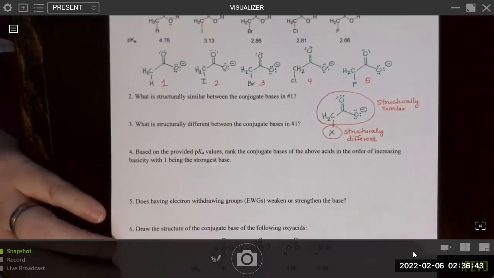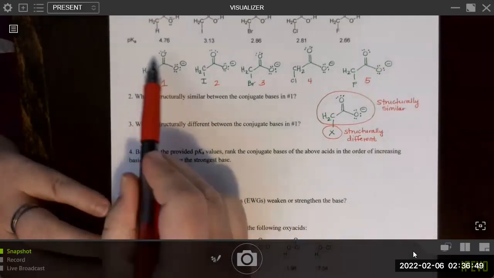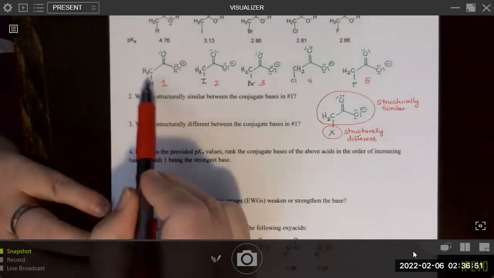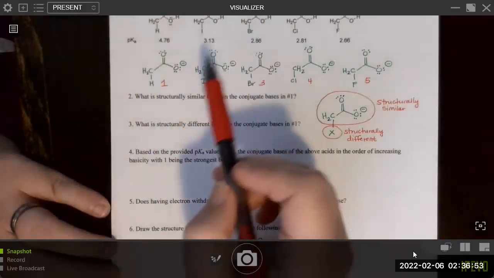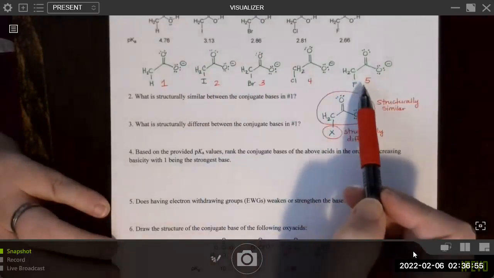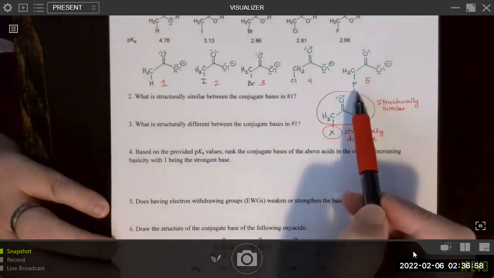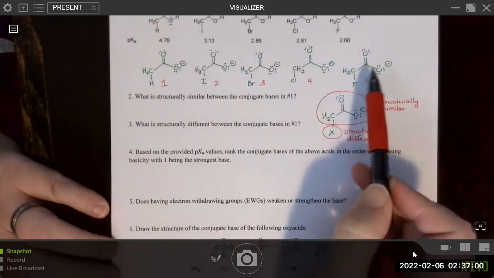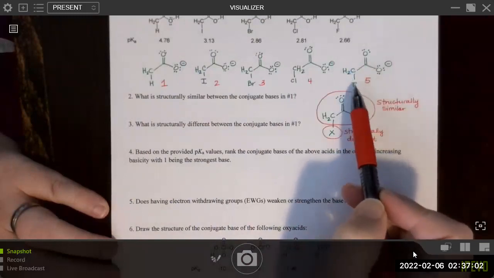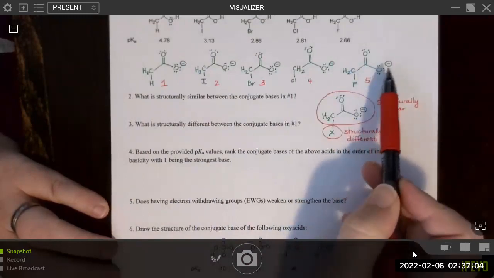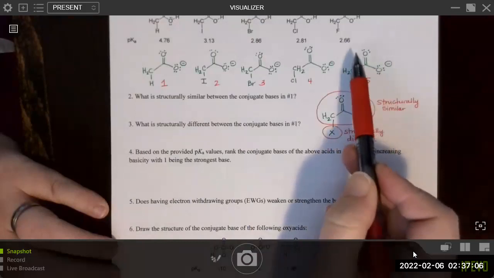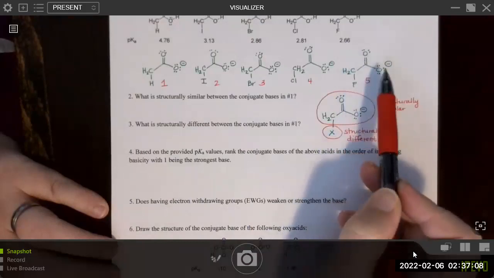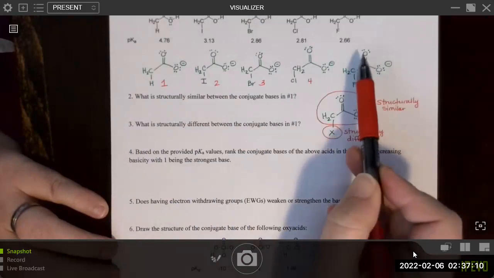Does having electron withdrawing groups weaken or strengthen the base? So we said that this was the strongest base, and look how it does not have an electron withdrawing group. And as the group gets more electronegative, then we actually weaken the base because this is helping to stabilize part of this negative charge. The negative charge over here that's shared between the two oxygens through resonance.